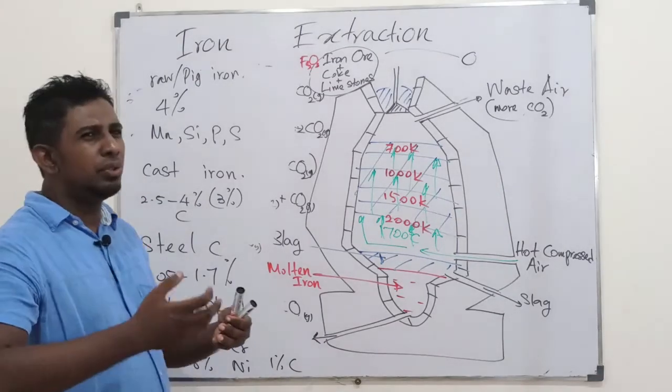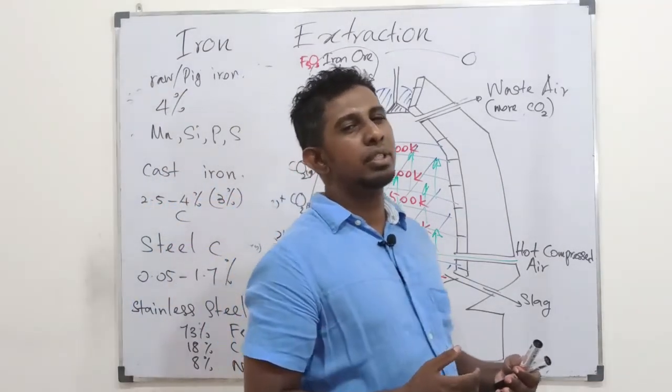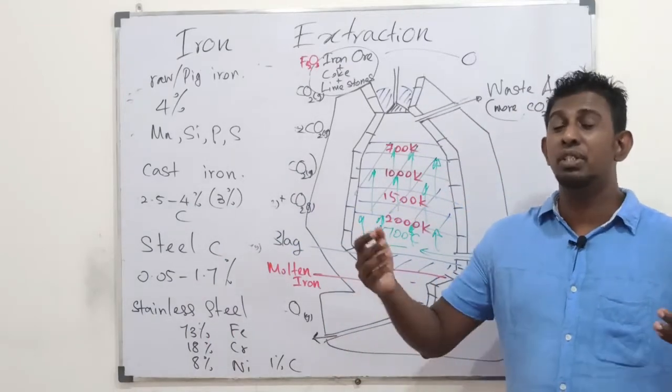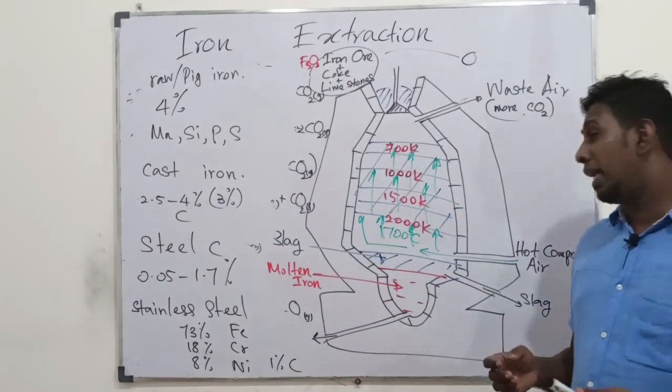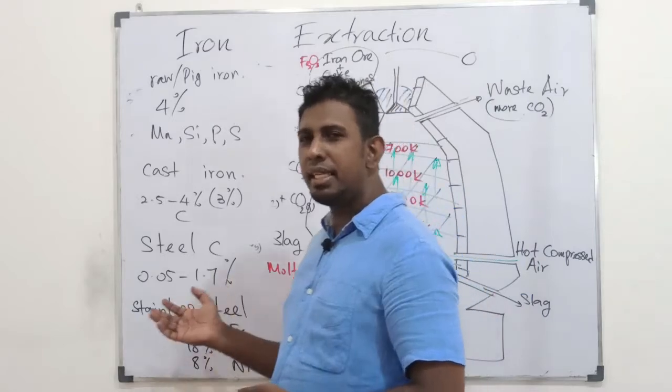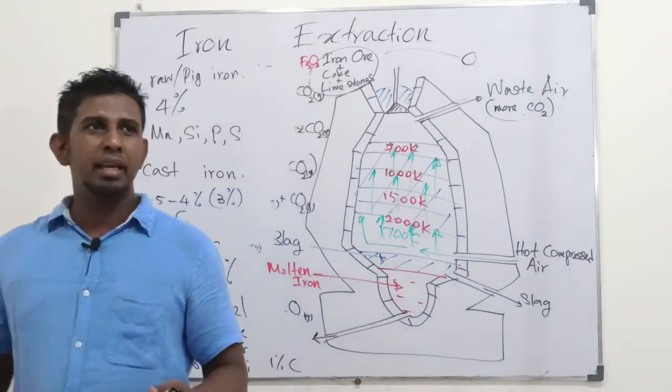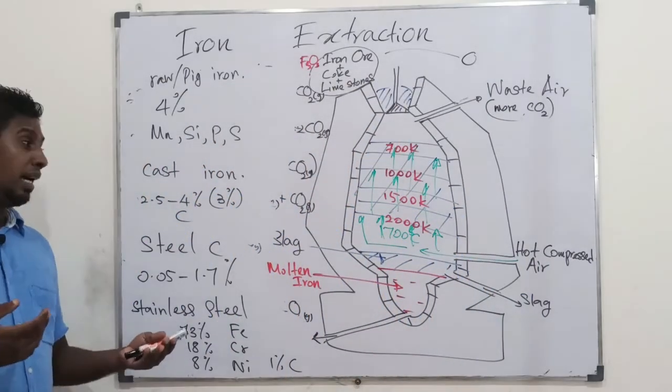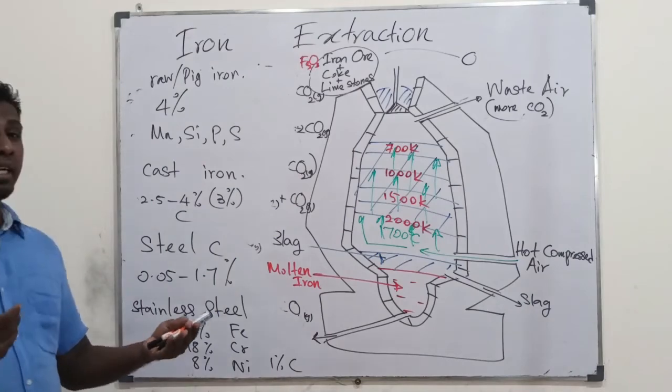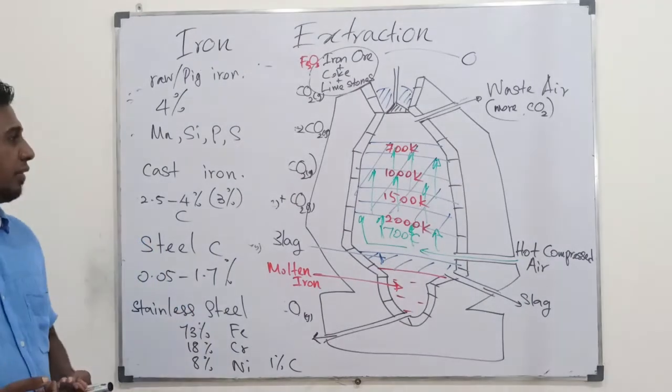So you could use stainless steel in cutlery, wristwatches and various such appliances. You could apply steel in vehicles and many others like kitchen knives and such appliances.